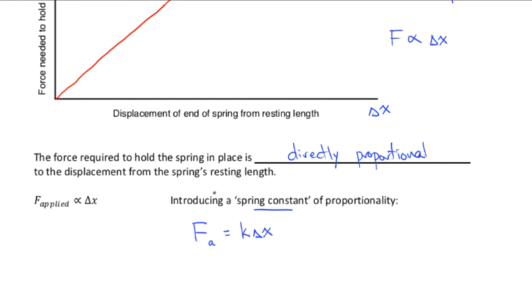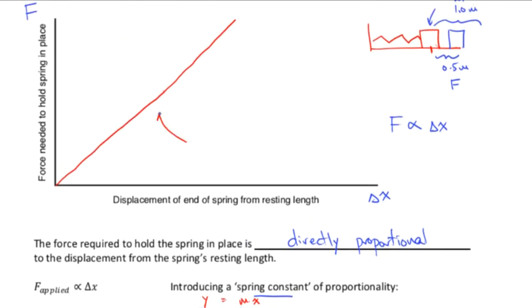By the way, notice that this is in the form y is equal to m times x. This is the y variable from the graph above. This is the x variable from the graph above, and that means that k is the slope of this graph. The spring constant, this new constant we've introduced, is the slope of this graph.